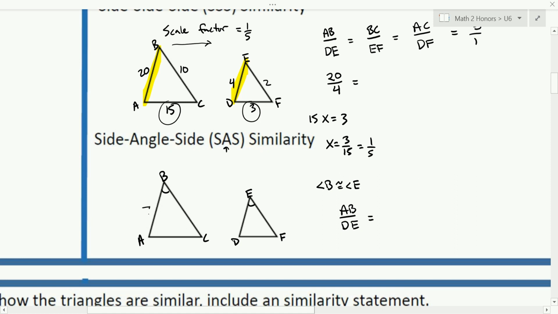So this was 7, this was 5. Okay, AB over DE is what over what? BC over EF.